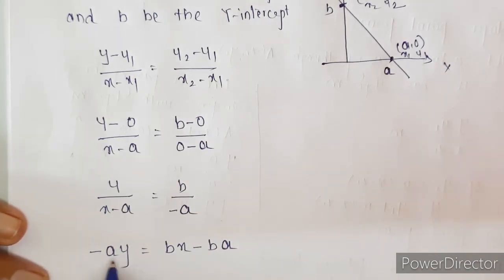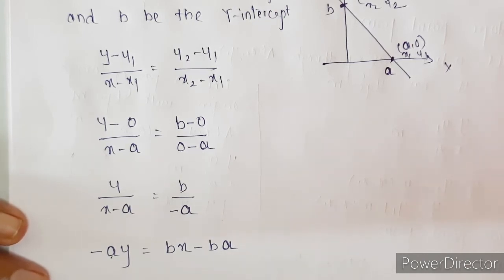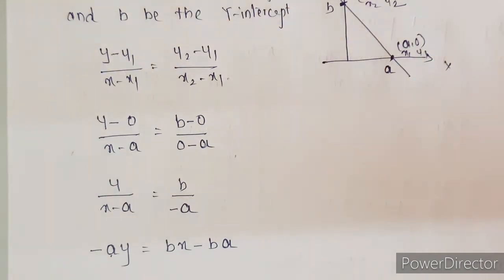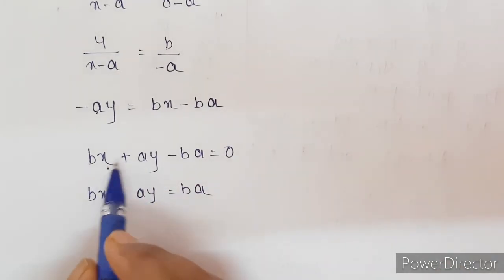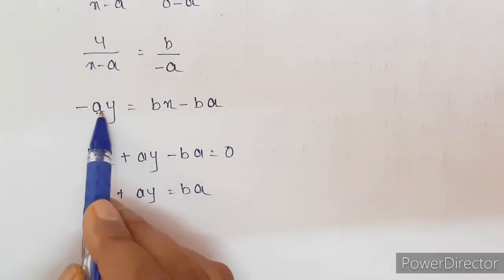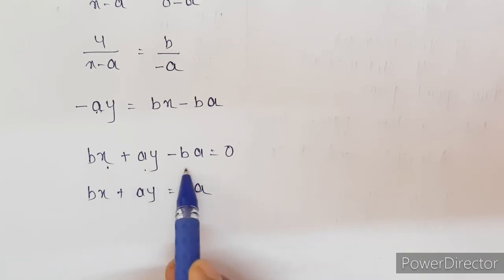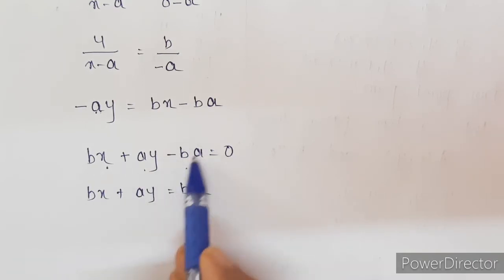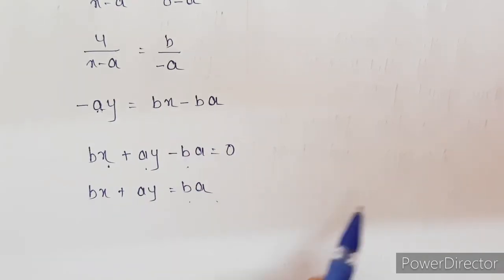Taking this to the other side, it can be written as bx plus ay minus ba equals 0, or bx plus ay equals ba.